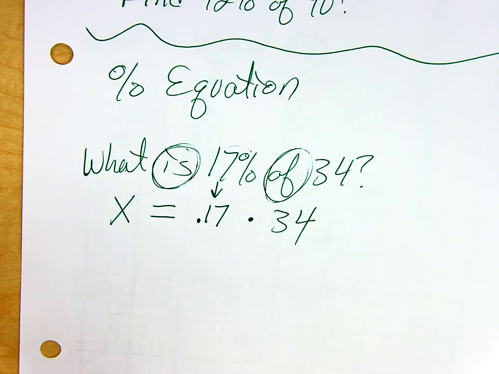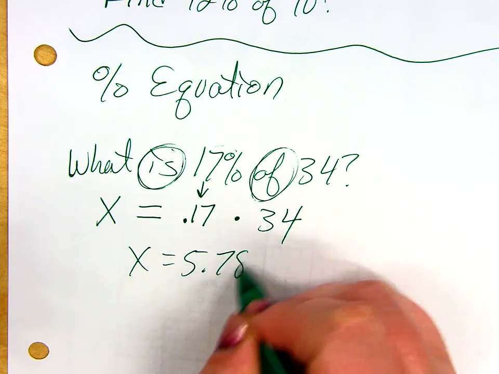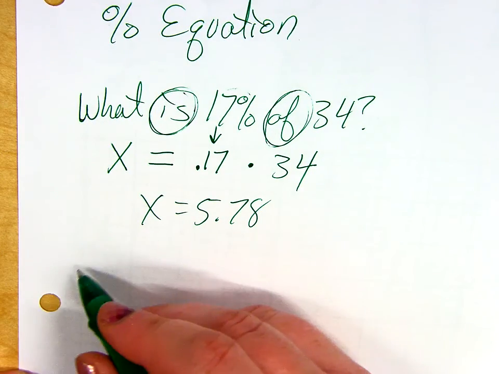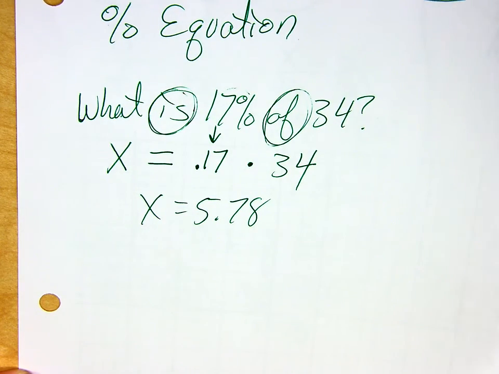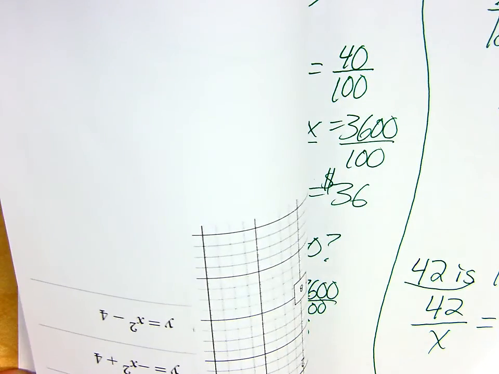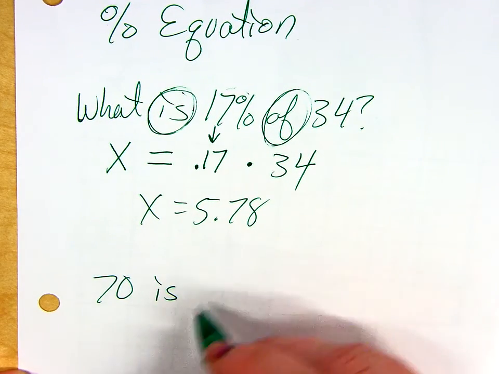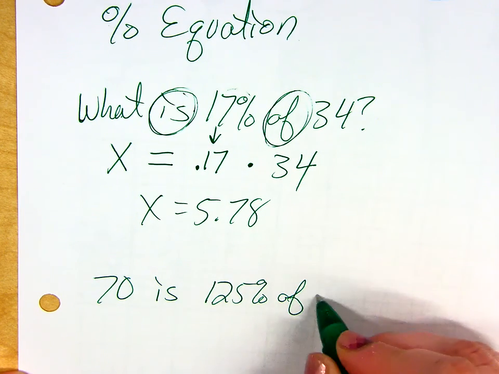So I don't care which method you use. 34. 5.78 I get. And you can try it with any different style. So even if I had done like, how did I phrase that other one? Yeah, how about 70 is 125% of what number?